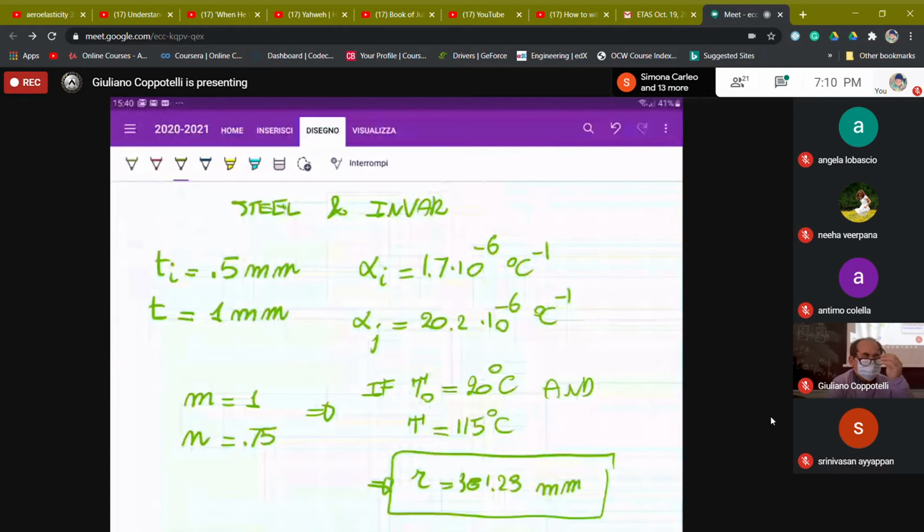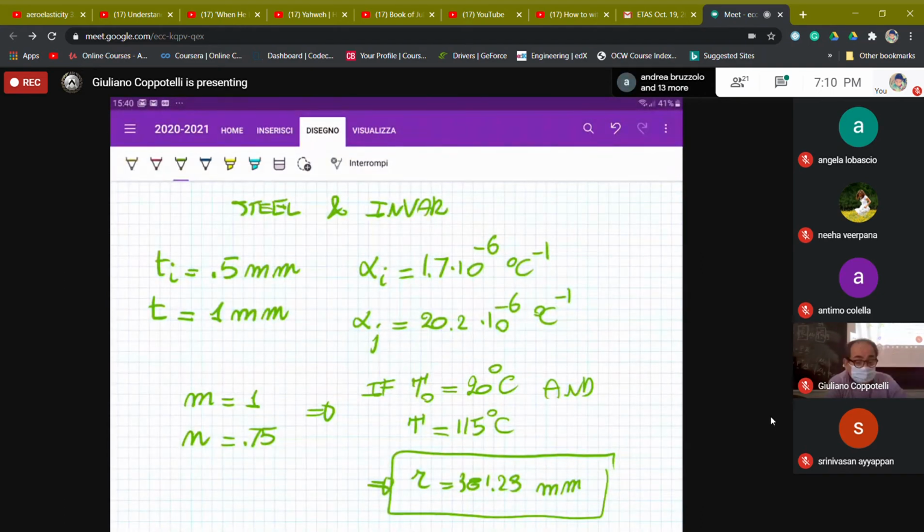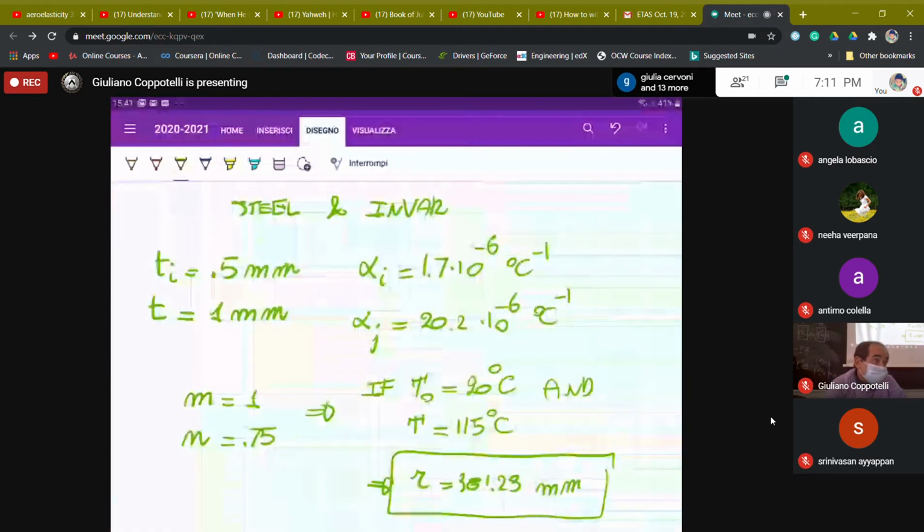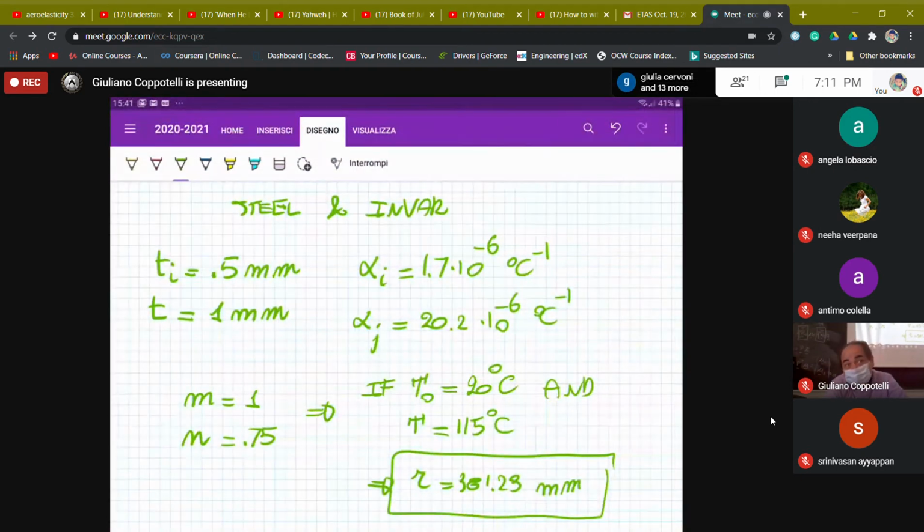So maybe this bimetal thermometer could be very useful in a laboratory, but not that useful when you are out in, let's say, a hangar testing your aircraft, for example. Or it could be useful, but it is very costly. So you switch to another transducer that is a little bit cheaper, so that you can afford a large number of these transducers to measure a temperature field in as many points as possible. So it depends what you're doing.